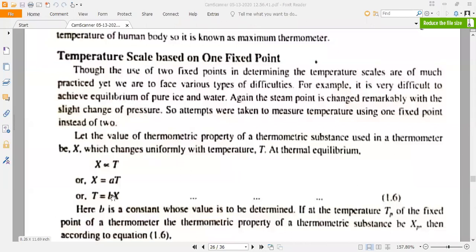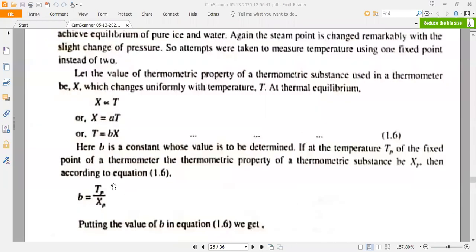Yeah. Okay, fine. So this is equation 1.6. Here B is a constant whose value is to be determined if at temperature Tp, the fixed point of the thermometer property, and Xp. Oh, okay. So we need to know the value of B, right? So how can I find that out?